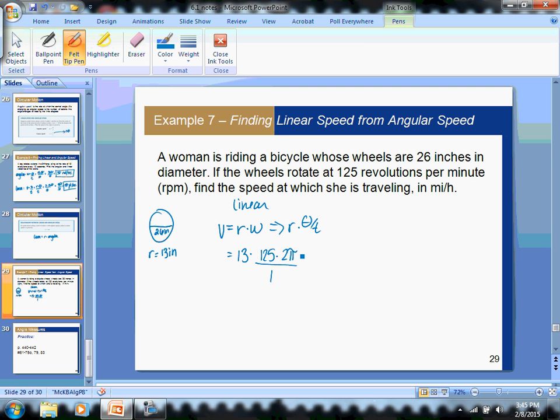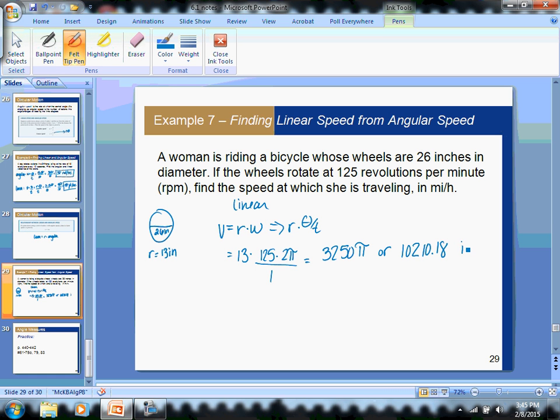Okay? So this will be my linear distance then. It will be 3,250 pi. Let me multiply that out. Now you could write it like that, or if you wanted to multiply the pi, you could have 10,210.18.